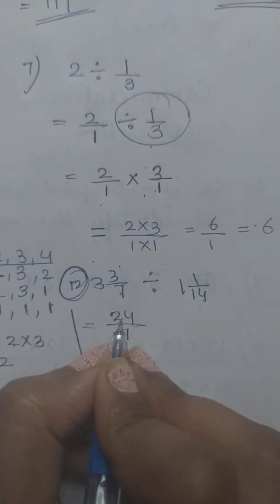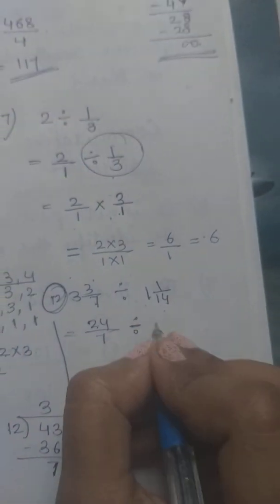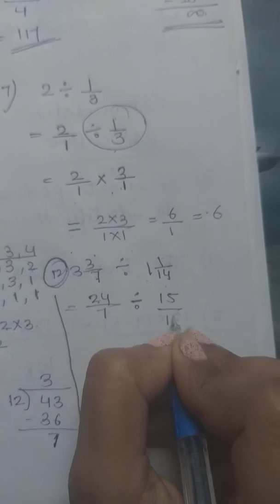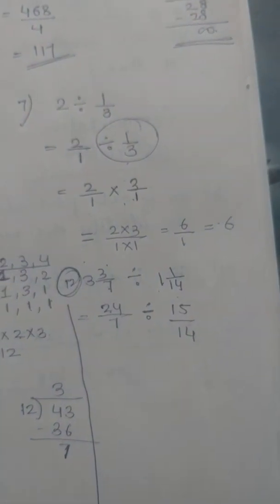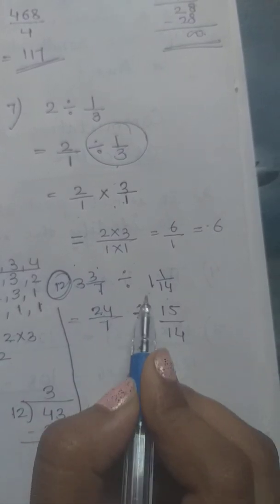Then 14 ones are 14, 14 plus 1, 15 by 14. So this is 24 by 7 divided by 15 by 14.